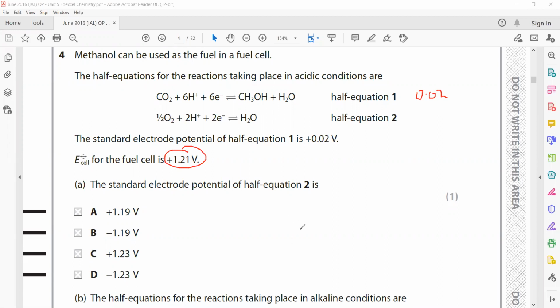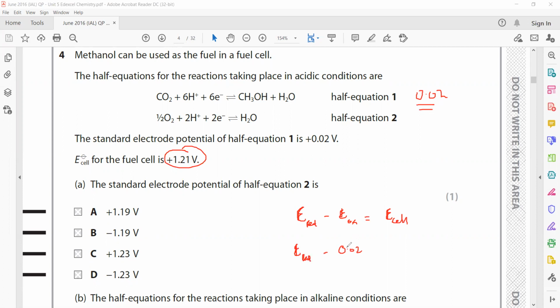The reduction electrode potential minus the oxidation potential is equal to the electrode potential of the cell. In a fuel cell we have alcohol, and the alcohol will be oxidized. So the electrode potential for this one is given as 0.02.